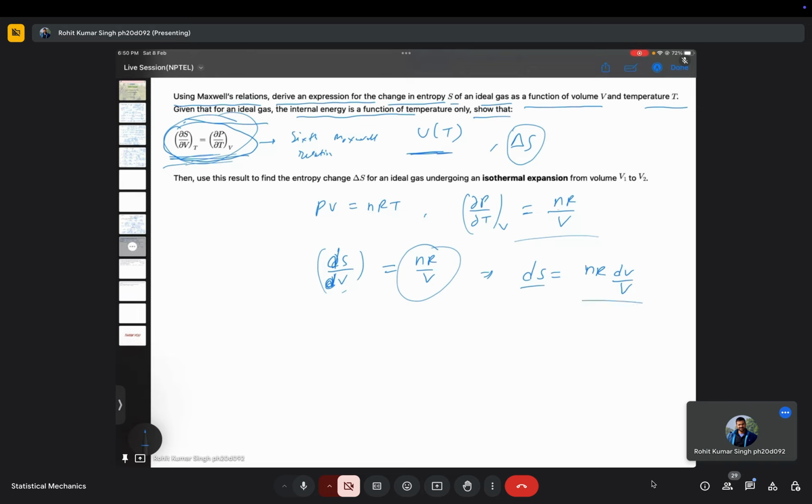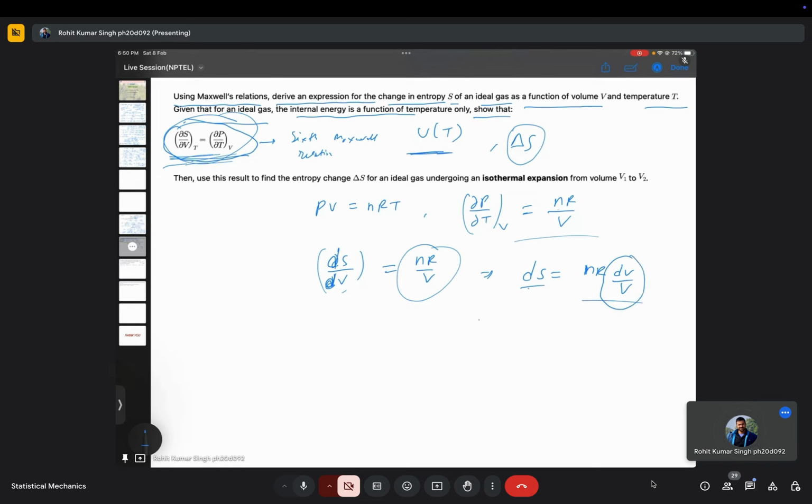So if you notice here, for an ideal gas, the change in entropy only depends on the relative change in volume, dV by V. Okay.